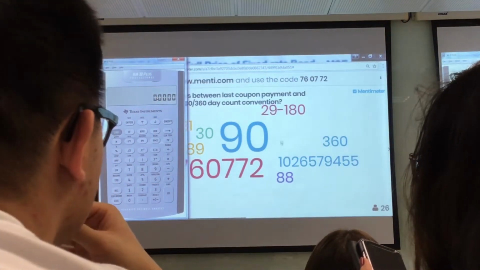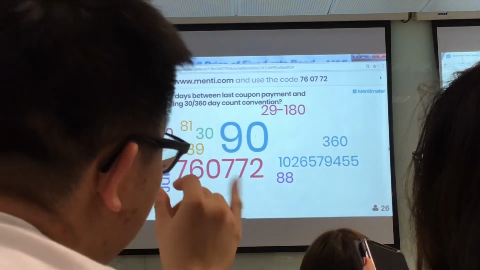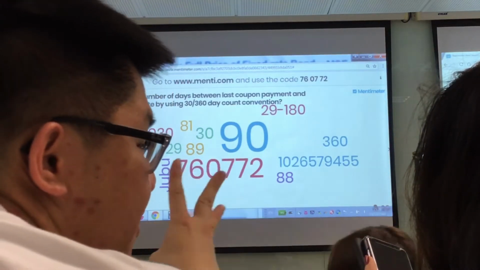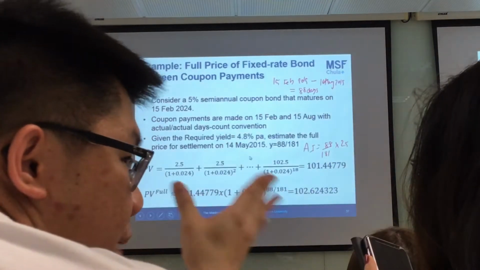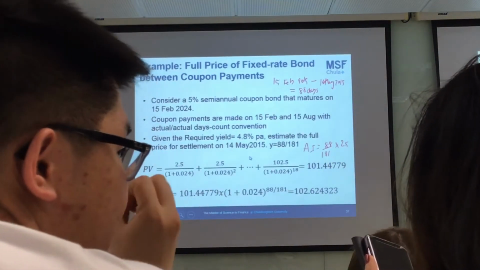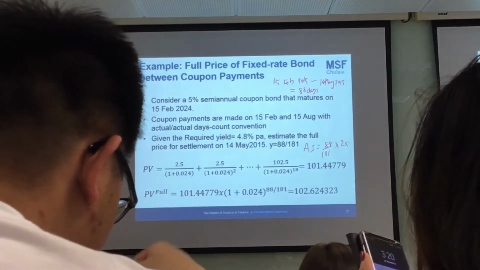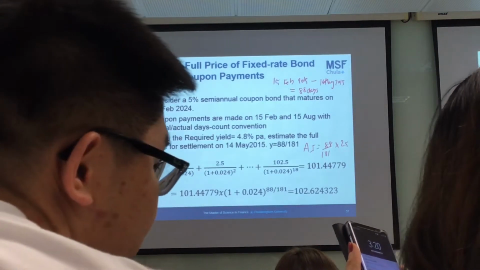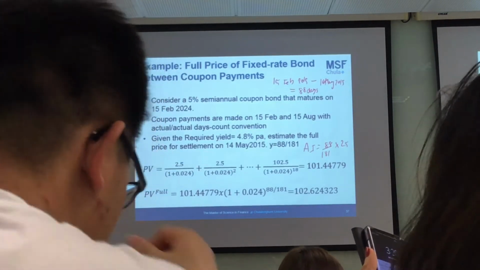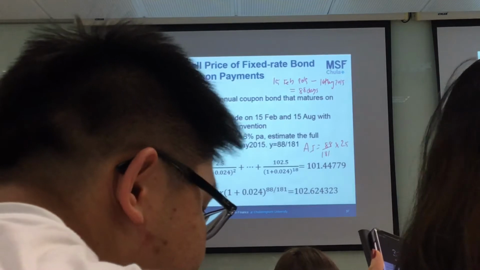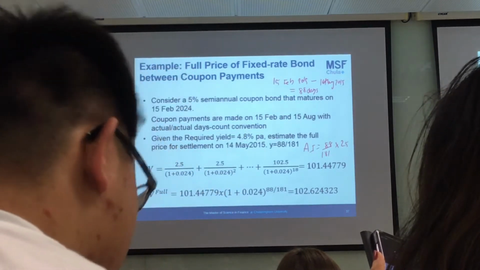How to calculate the number of days for this one? In the 30 convention, it means 1 month has 30 days, regardless of whether that month has 31; we only consider that the month has 30 days. You have to count from the 15th of February to the next month, the 15th of March, as 1 month.